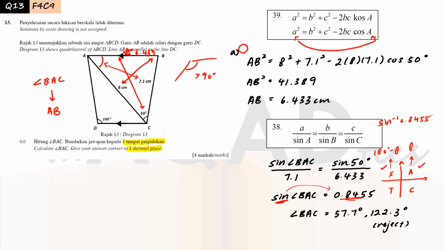So to prevent y'all from forgetting to use the ASTC method, I would recommend doing this for all the questions, so y'all won't forget to use the ASTC method to find the two answers here. Also make sure that your answer is one decimal place, as we see here.